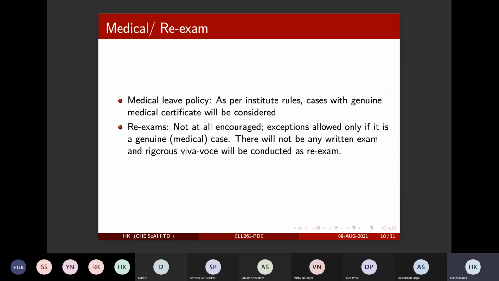If there is a genuine, most likely medical case, it is expected that the re-exam would be a viva rather than a written exam. That is the anticipation at the moment, but we will see. But I really would not like to have you come for a re-exam.